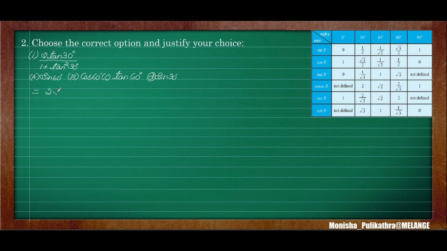So 2 into tan 30, the value of tan 30 is 1 by root 3. So it is tan 30, 1 by root 3, divided by 1 plus tan square 30. Tan 30 is 1 by root 3, so tan square 30 is (1 by root 3) whole square.